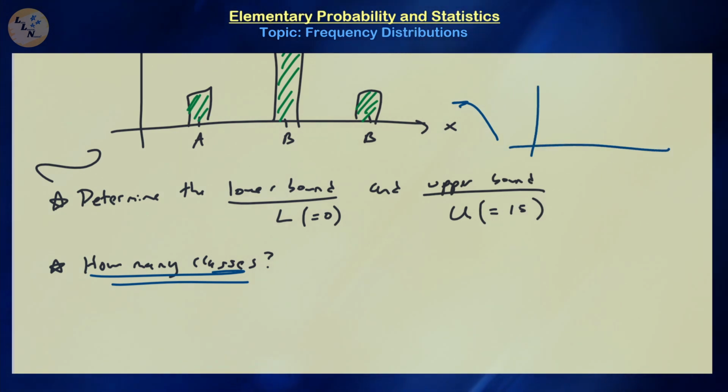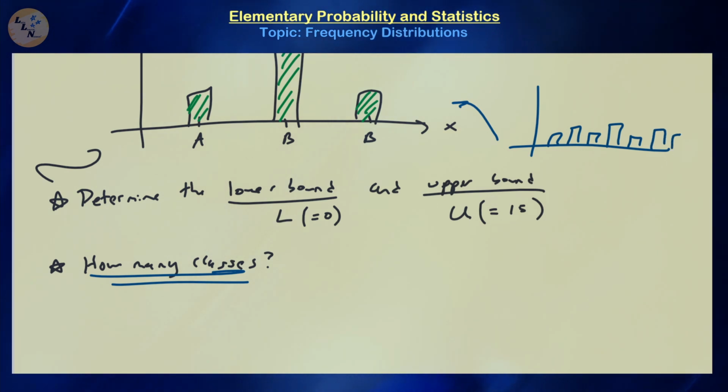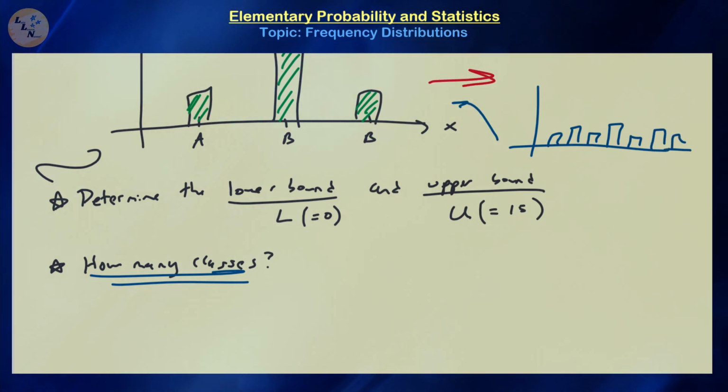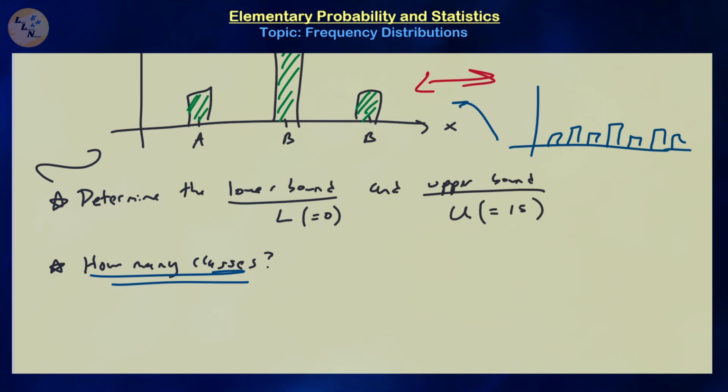If I were to choose more, it's possible that I get a distribution that is more approximately uniform. And you should be able to see that each of these two distributions represents a completely different message. So it's easy to mislead your audience if you choose the wrong number of classes to represent your data, or possibly that's your intent. For our particular example, we chose 3, and we get this very symmetric data set.